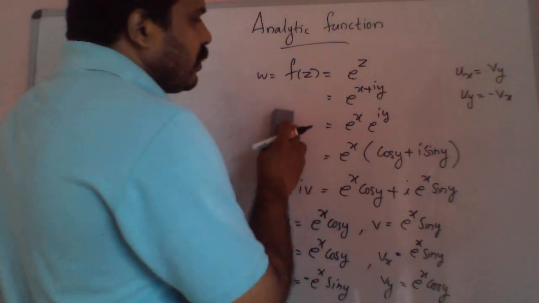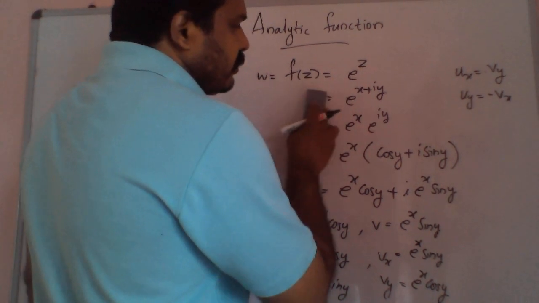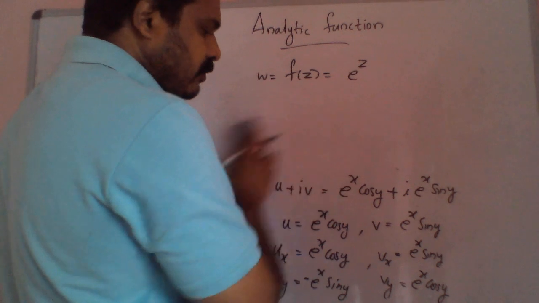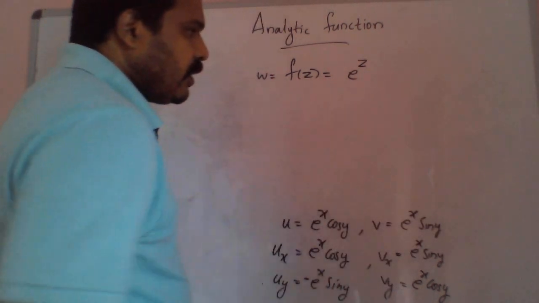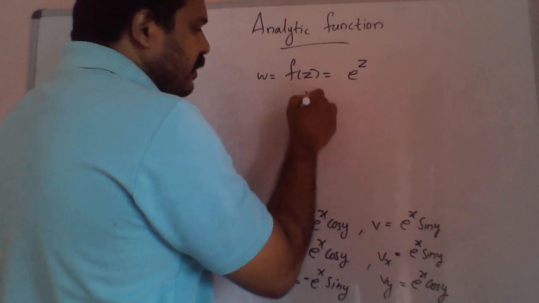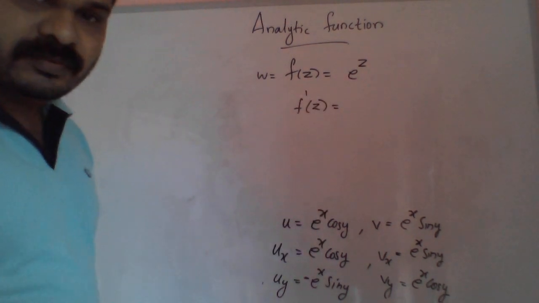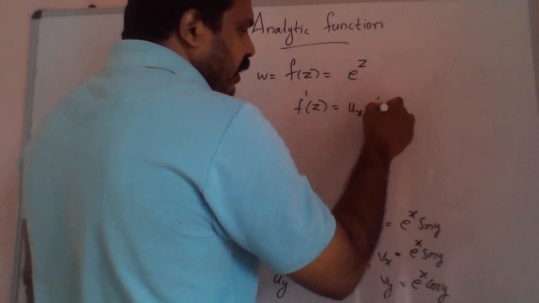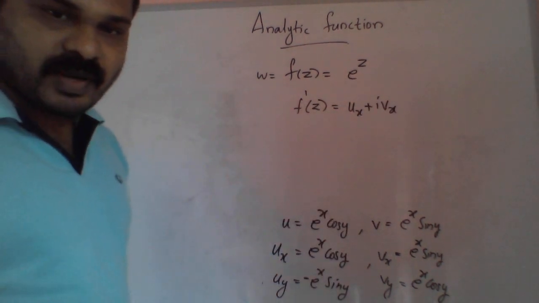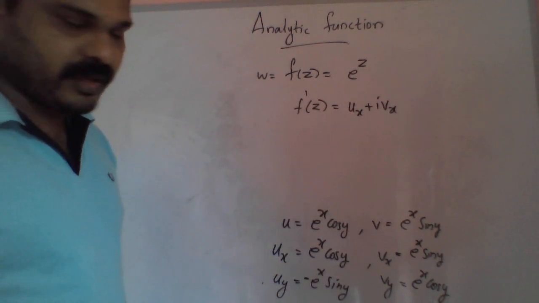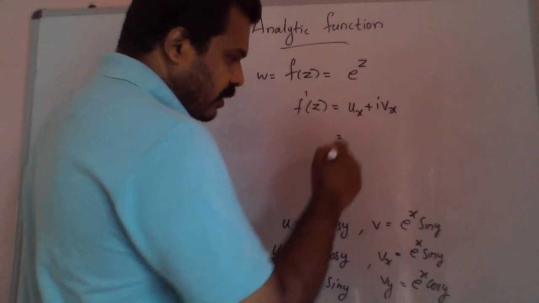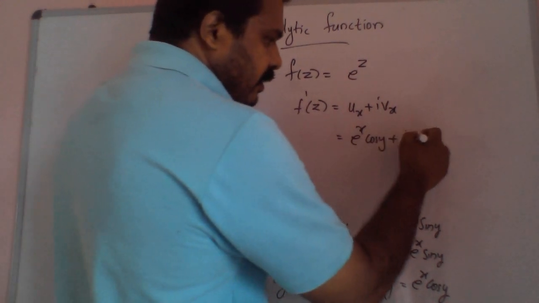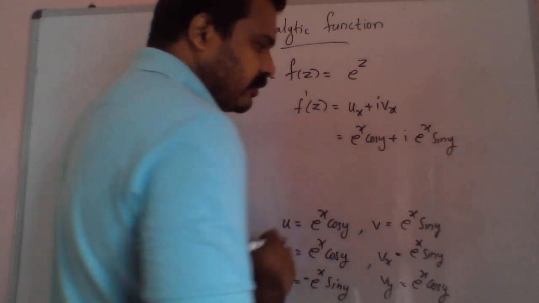And also, the derivative of e^z: we have the derivative f dash of z, and the formula for f dash of z is ux plus i vx. Ux is e^x cos y plus i times vx, which is e^x sin y.